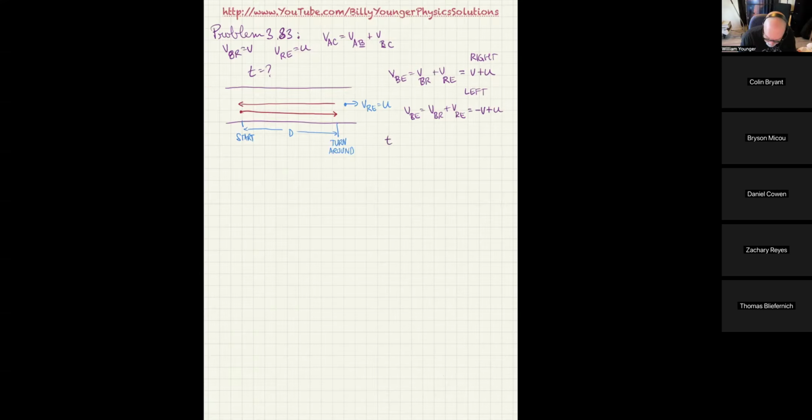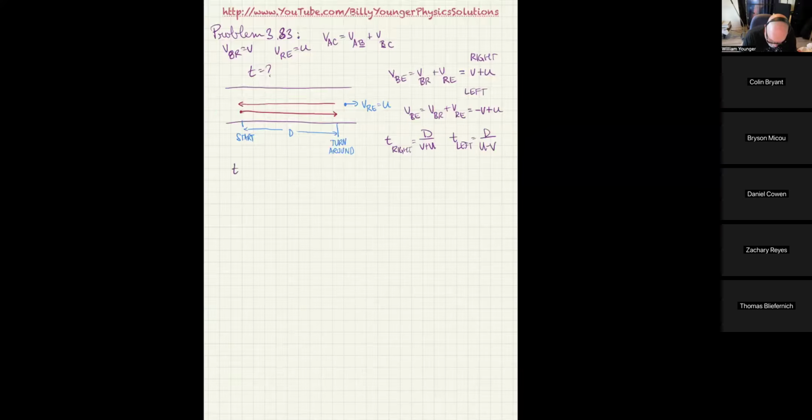So t right, which equals, velocity equals distance divided by time. So time equals distance divided by velocity. That'd be d divided by v plus u. And then t left would equal d divided by u minus v, like that.